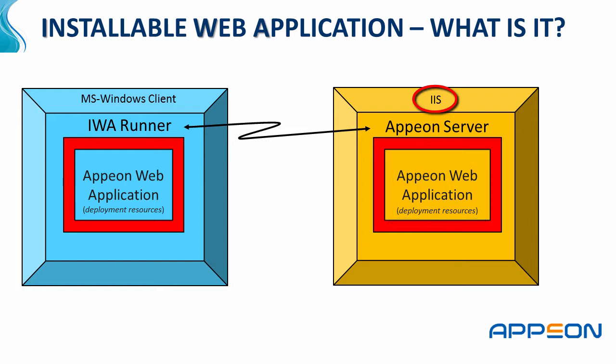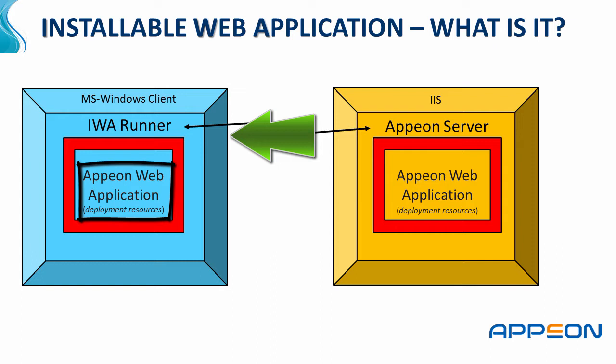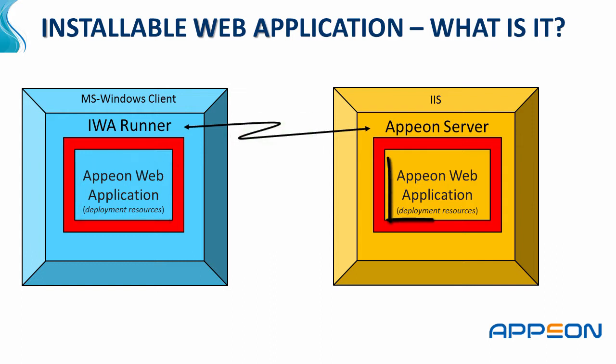The IWA Runner will basically tap into the Appeon server and launch your application from the Appeon server and run it just like a Win32 or native desktop application. If you make any changes to the Appeon server or you redeploy the Appeon web application to the Appeon server, these changes are dynamically picked up the next time you run the application.